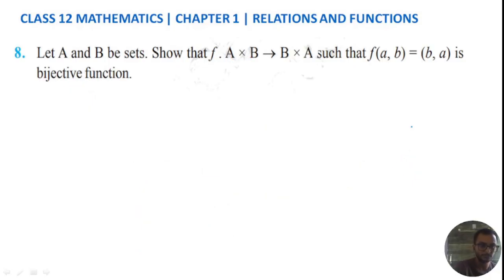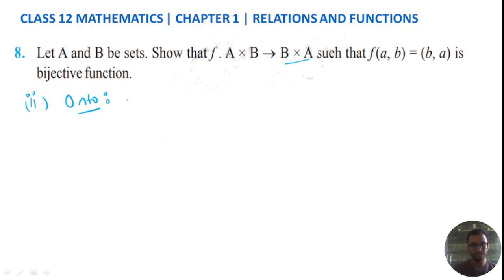Another task is to show it is onto. Okay, so let's show onto. For onto, what do we need to show? That for whatever point we take from the codomain, here our codomain is B cross A, we should find some point from the domain whose image is that element from the codomain.